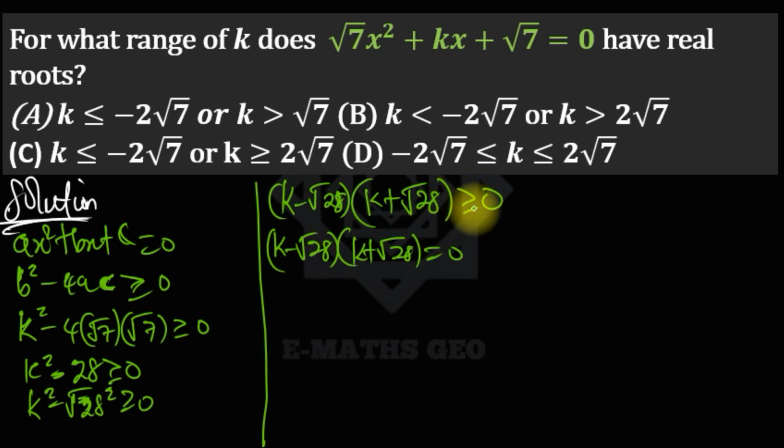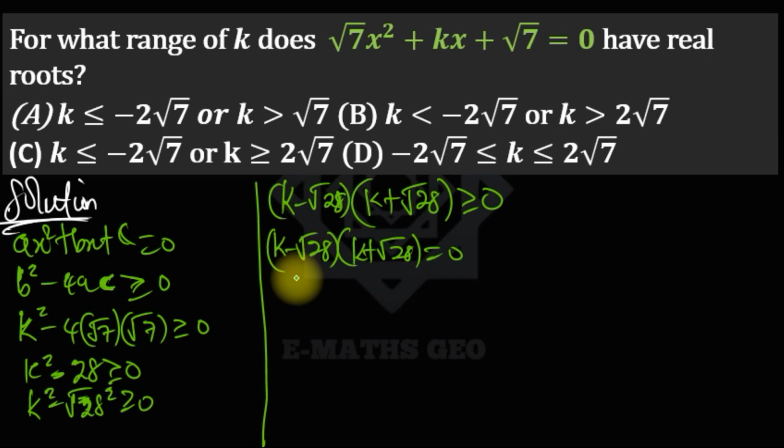But for it to be less than or greater than 0, we have millions of numbers that will satisfy that, while only two satisfy equal to 0. We get the two and use them to form intervals and test. It's easier to get the two that give 0 than the millions that give greater than 0.